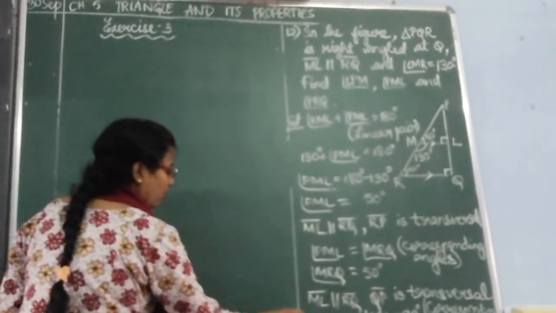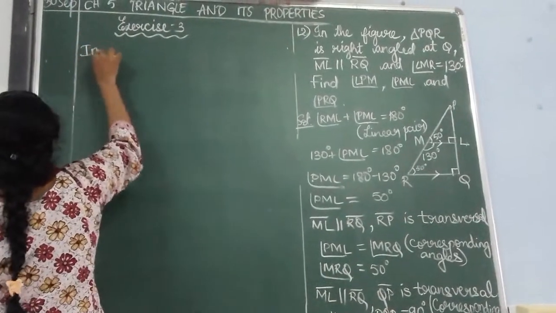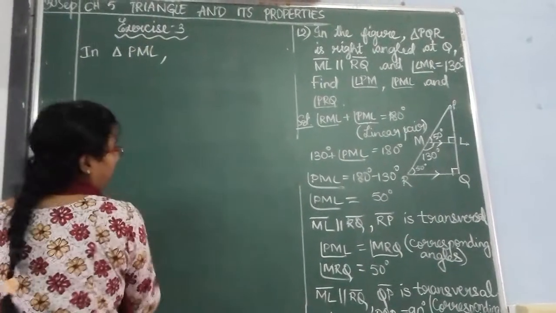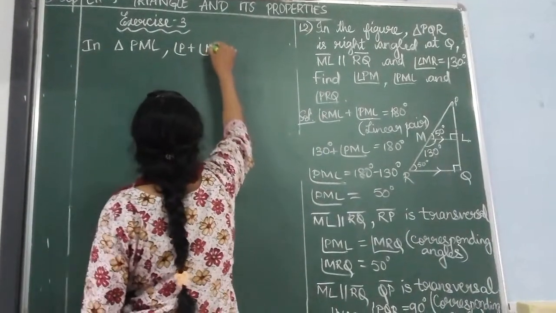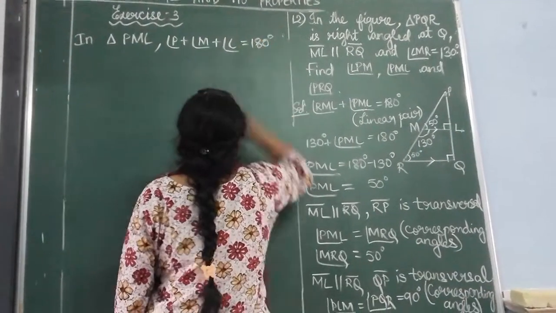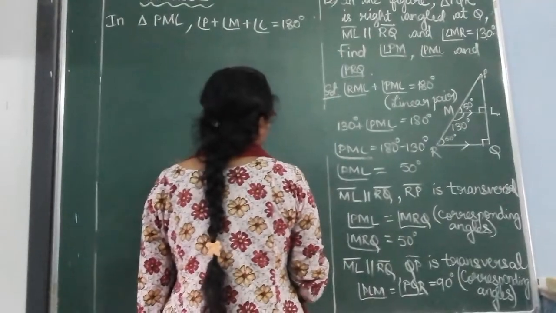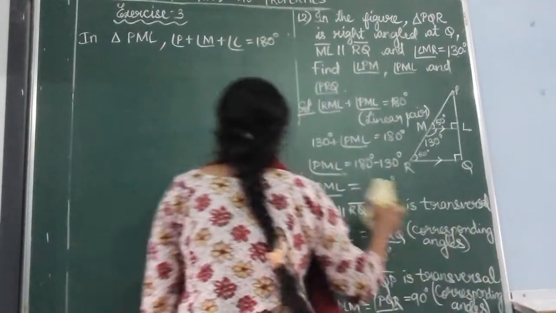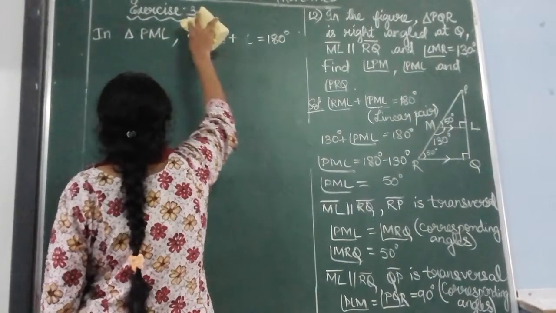Okay. So now we are going to take triangle PML. In PML you know that angle P plus angle M plus angle L should be equal to 180 degrees. What is the reason? Instead of writing like this, angle P, angle M, they will be like this only.